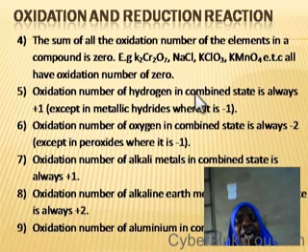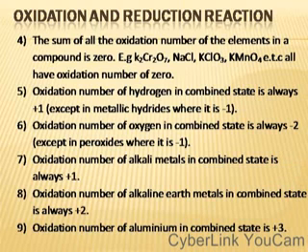Number 7, oxidation number of alkali metals, we all know alkali metal, that is the group 1 element, in combined state is always +1. Number 8 says that oxidation number of alkaline earth metal, that is the group 2 element, in combined state is always +2.